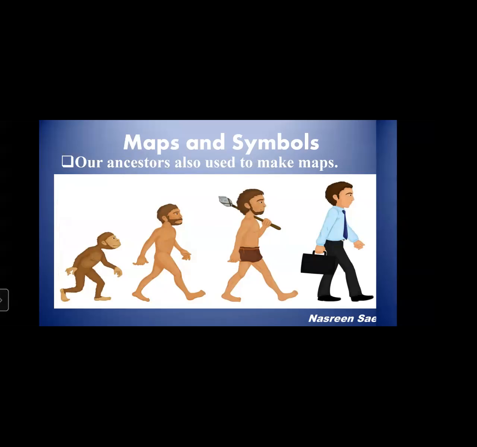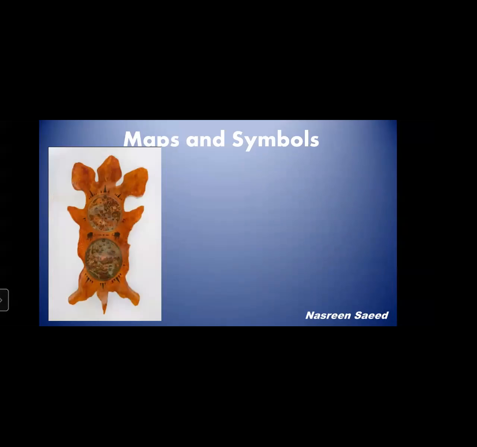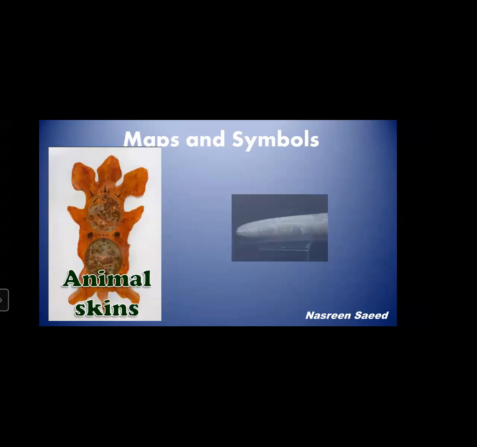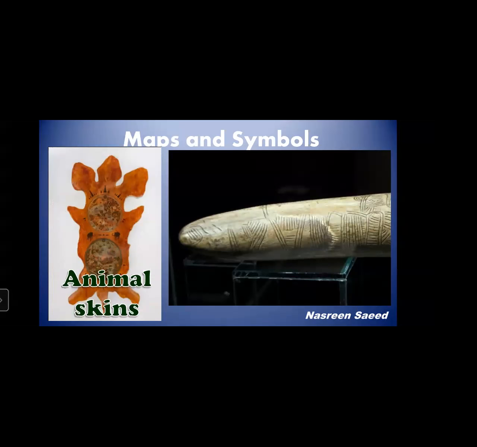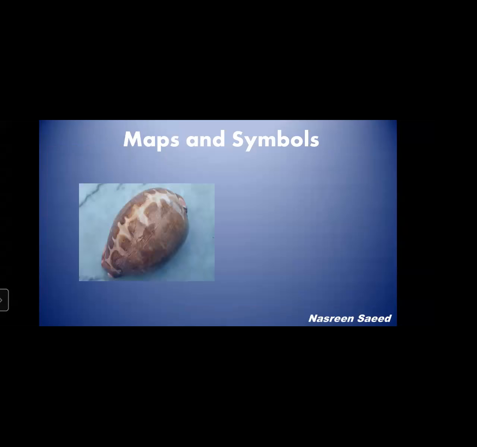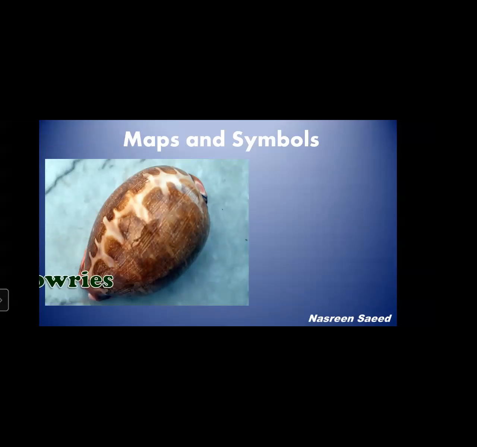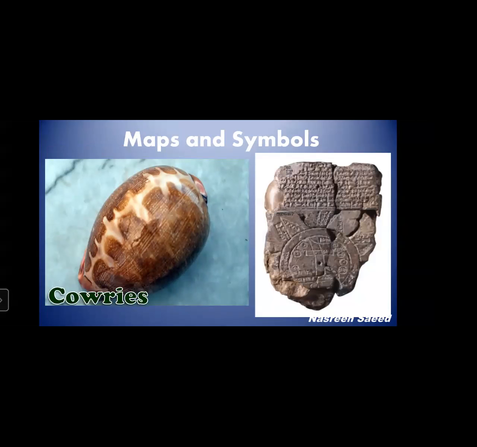How did they make maps? They used animal skins. Then they made maps on bones. Then cowries. And clay or stone tablets were used to make maps.